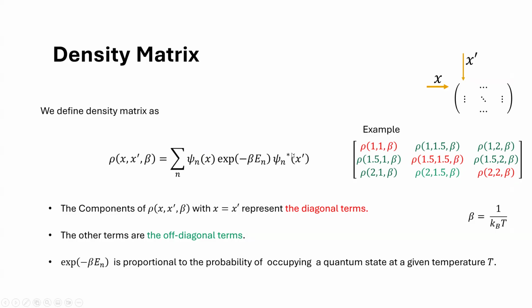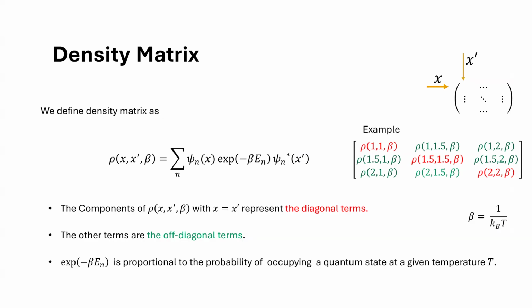So the psi n are the eigenfunctions or the wave functions of the particles. En is the energy of the nth energy state, and psi n means the eigenfunction of the nth energy state, and x and x prime are two different locations of the particle.